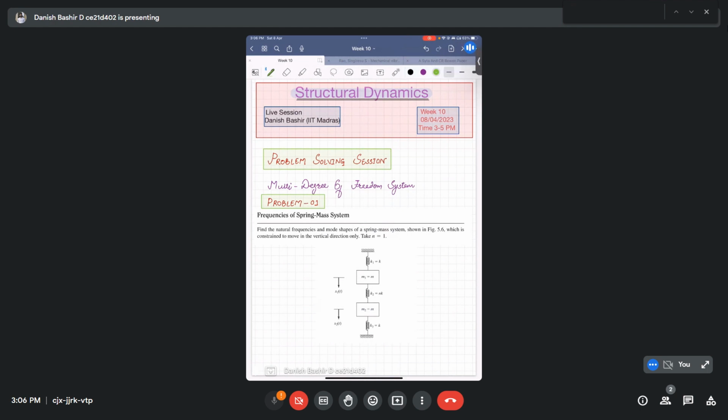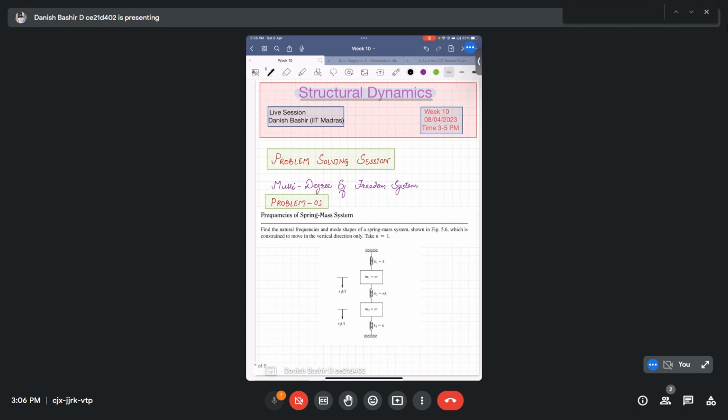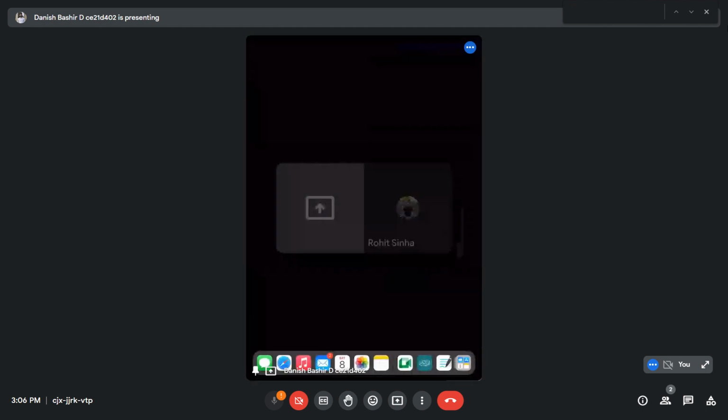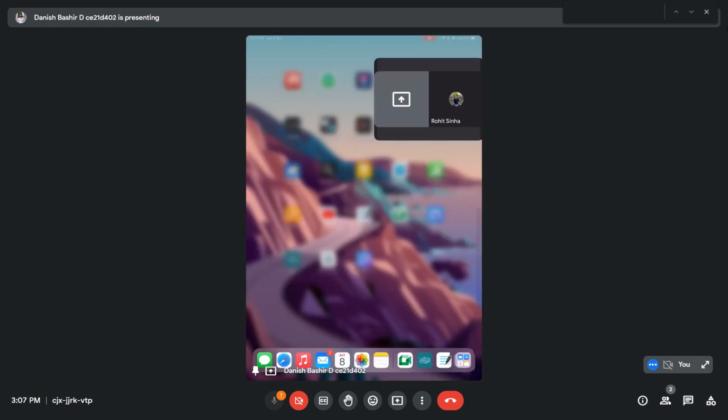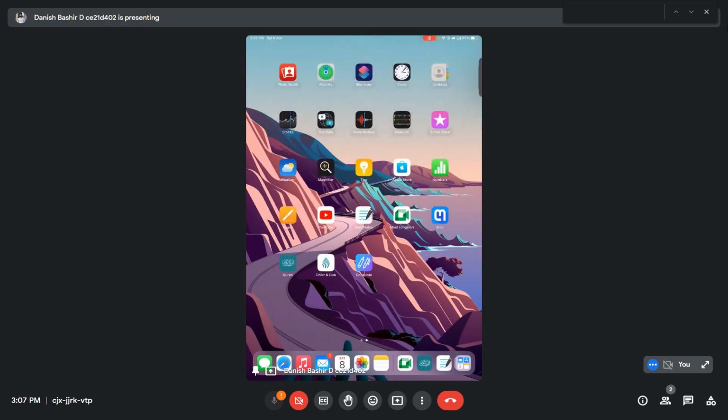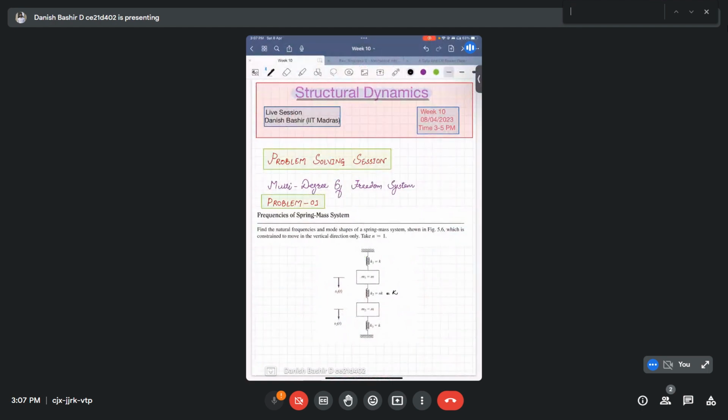So in the question, it's also given that we have to take the value of n equal to 1, that is k2 is also equal to k.